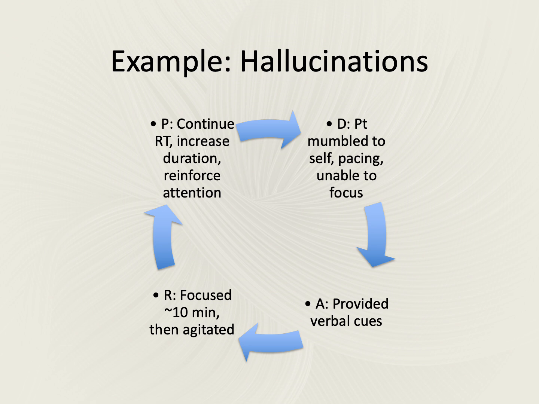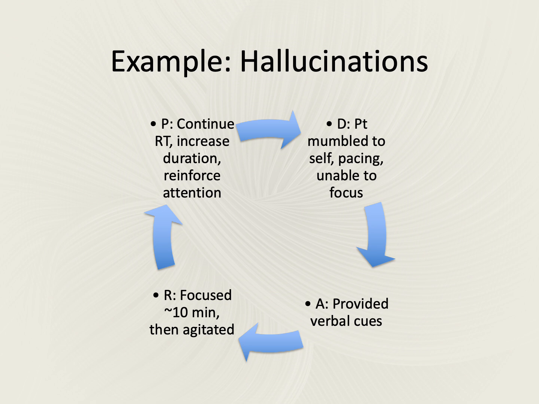Looking at a little example, this is showing a patient who's experiencing hallucinations. We're going to see how each part flows logically into the next one. We have these little arrows here. Again, we're going to say what was observed, what was done, how the patient responded, and what you do next.